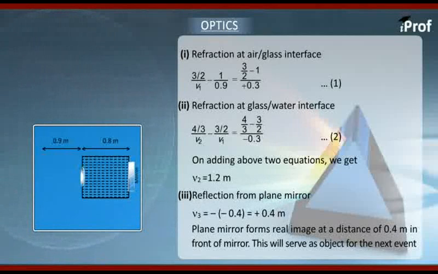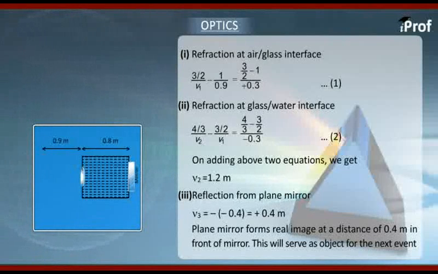Now we write the equation for the next refraction. For the next refraction, mu2 will be 4/3, mu1 will be 3/2, and u will be v1 as it is. So when we make this substitution, we get the equation 4/3 over v2 minus 3/2 over v1 is equal to (4/3 minus 3/2) divided by minus 30.